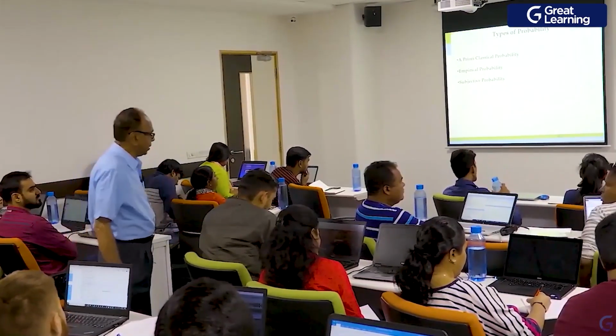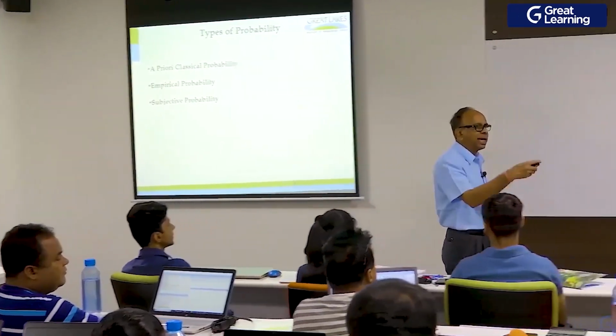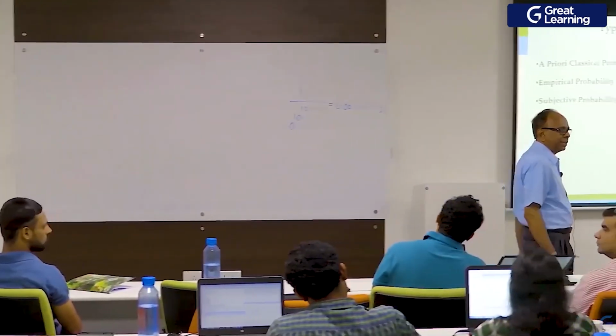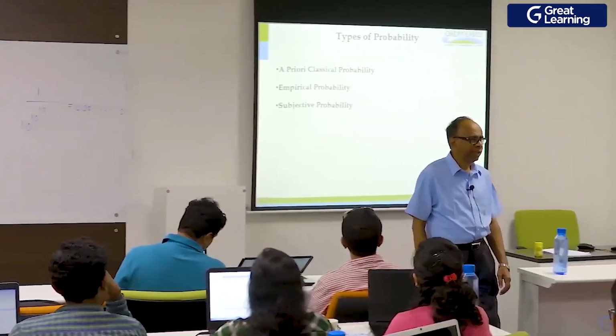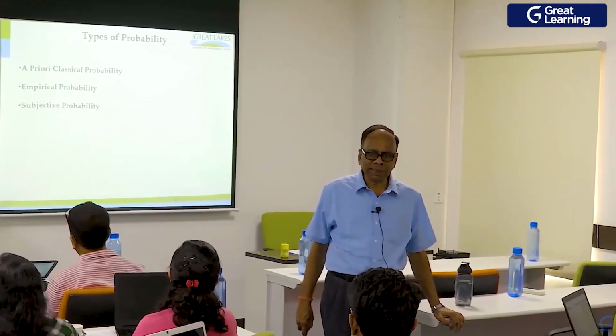Then there is subjective probability. Initially, I don't have any data. I call some experts, like in the Delphi technique. Opinion makers, experts I call, and then ask them, what is the chance that such and such thing will happen? The steel prices will go up or down. Some experts come, and they give some probability, likelihood.